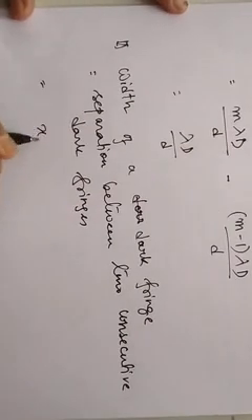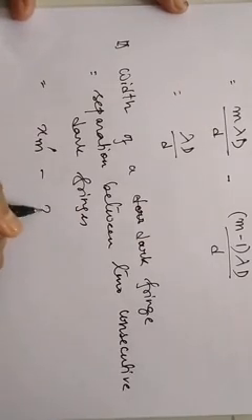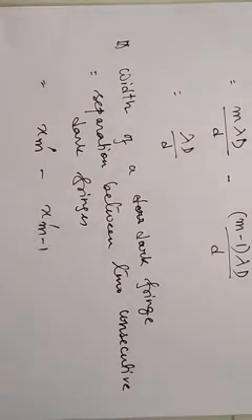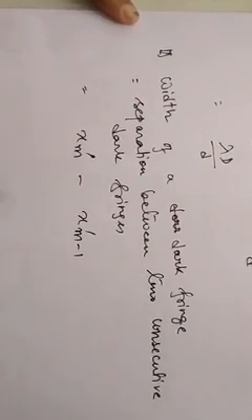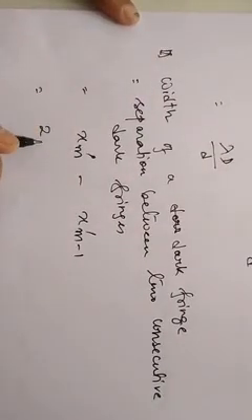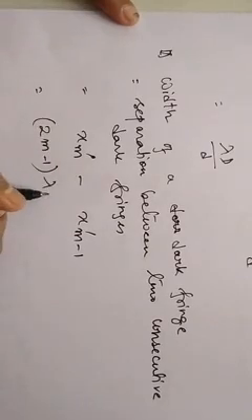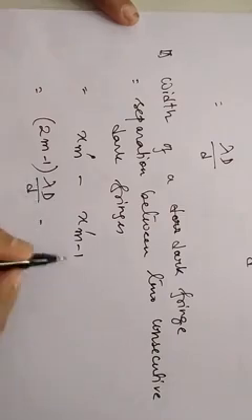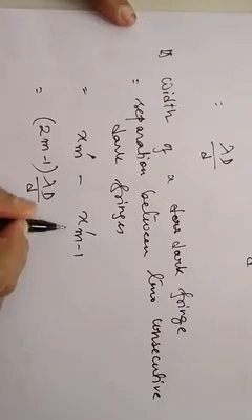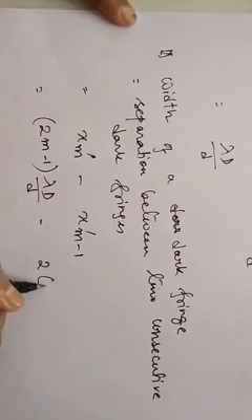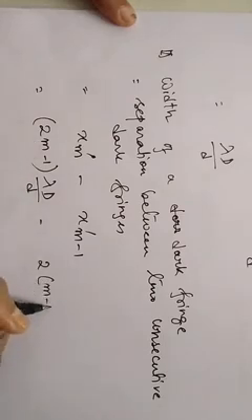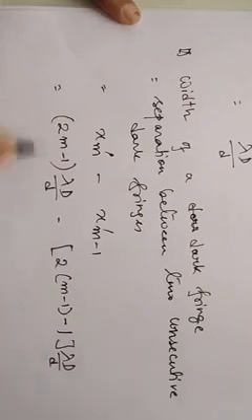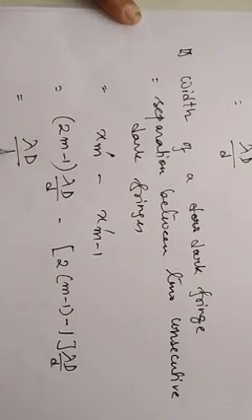So suppose again we take the mth dark fringe minus x(m minus 1) prime, which is the (m minus 1)th dark fringe. The dark fringe is denoted by x prime. So the position of the mth dark fringe is (2m minus 1) lambda D by 2d, minus the position of the (m minus 1)th dark fringe, where in place of m we write m minus 1, which gives (2(m minus 1) minus 1) lambda D by 2d, and the difference equals lambda D by d.